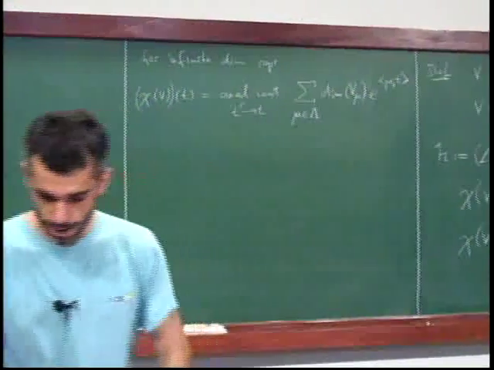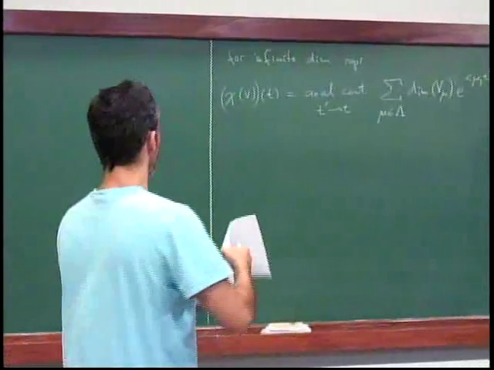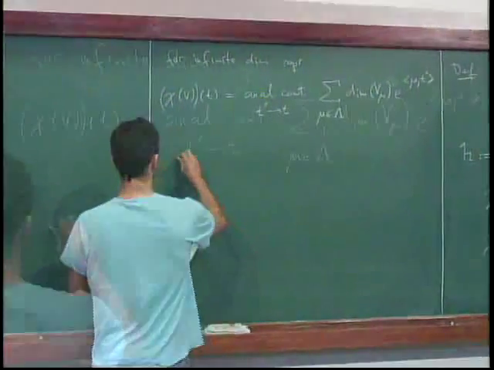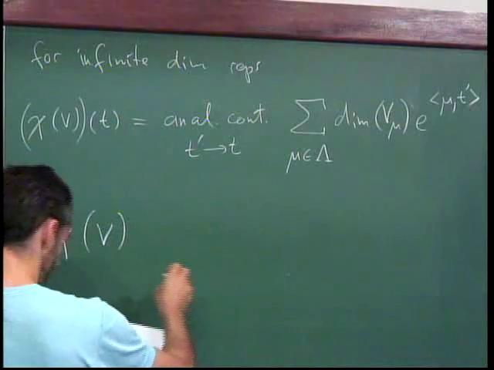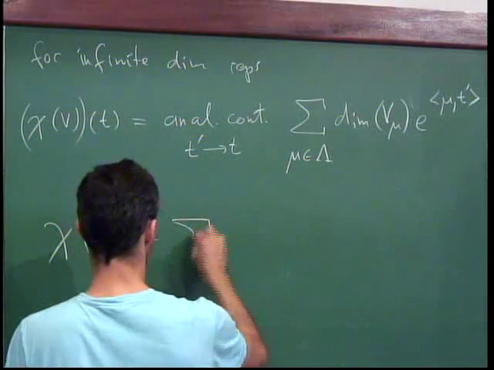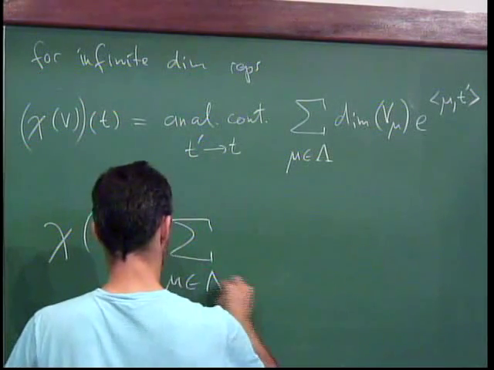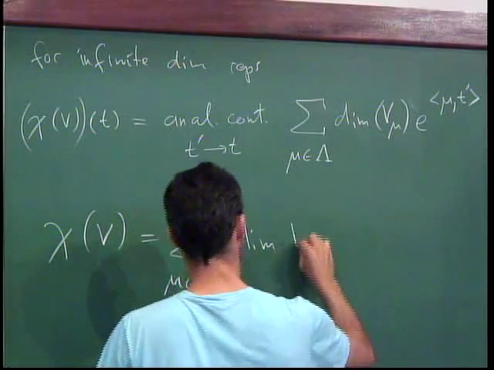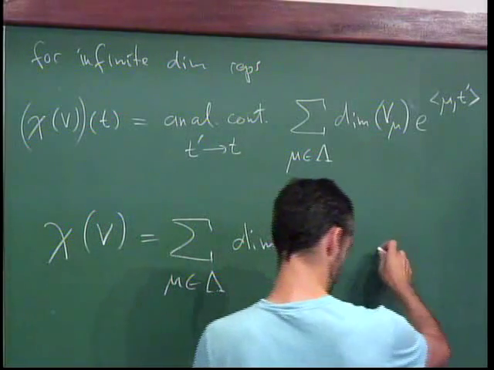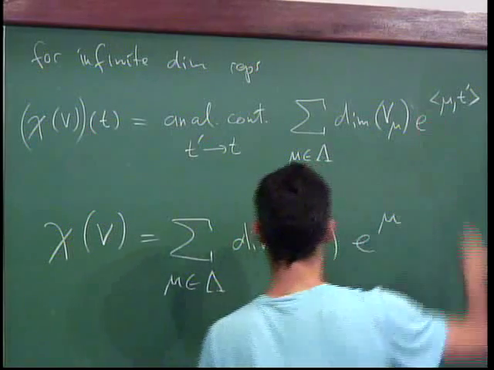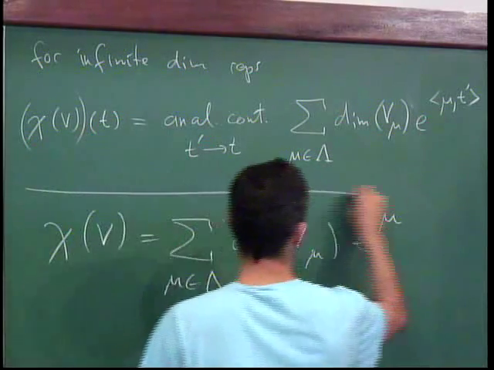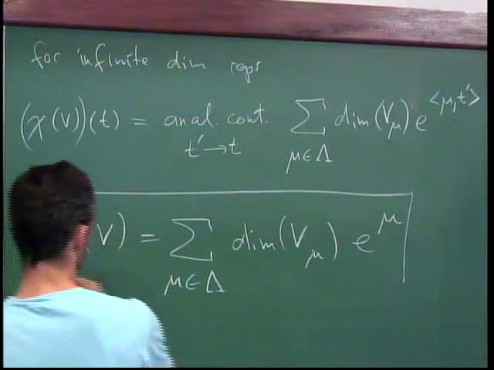But actually, I don't want to bother with all that notation, and I will write things in the following way. So this is the notation that I will be using.